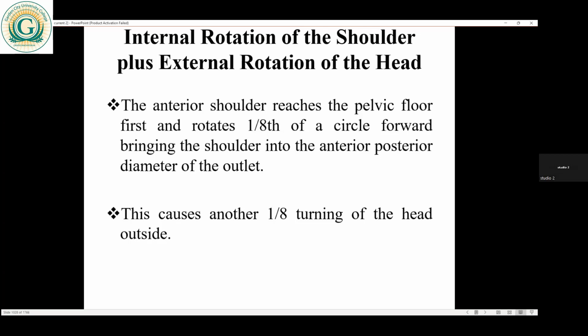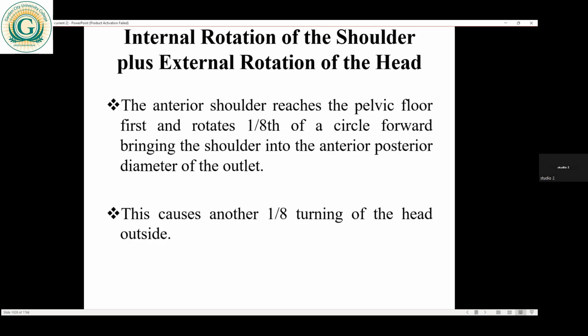The anterior shoulder reaches the pelvic floor first and rotates 1/8 of the circle forward, bringing the shoulder into the anterior posterior diameter of the outlet. This causes another 1/8 turning of the head.